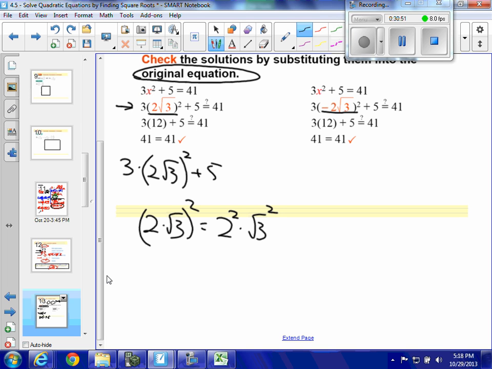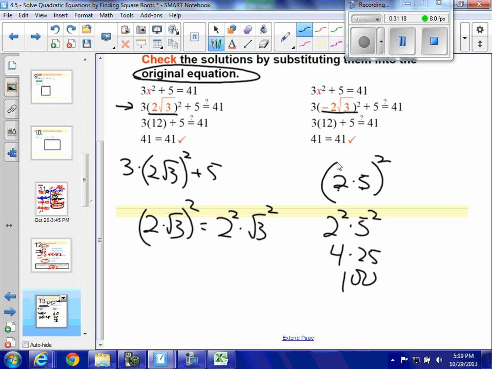Remember that when you have a product that is being squared, using an easier example, 2 times 5 squared, you're squaring all the terms inside the parentheses. So this would be 2 squared times 5 squared, 4 times 25, 100. The same thing as 10 squared, 2 times 5, which of course is 100.